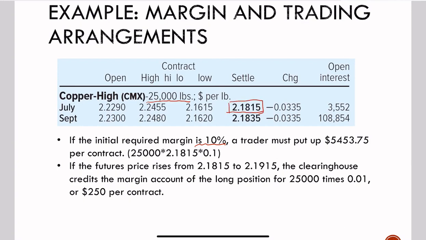So the total value of your position would be the size of the contract times the price per pound, which is 54,537.5. Now the initial margin is 10%. This is easy, right? It basically means you have to have this amount of money in your trading account.